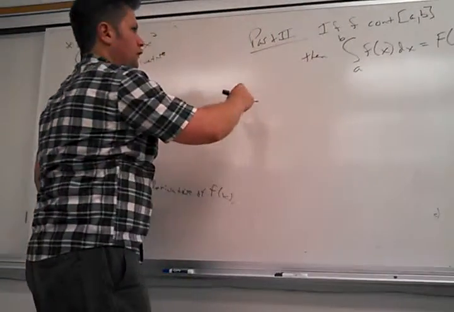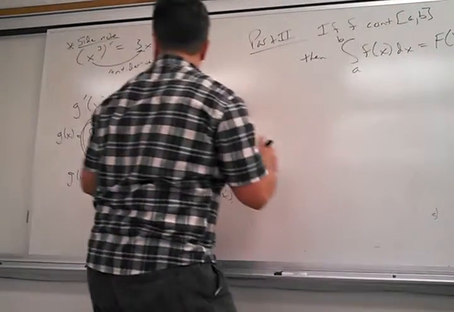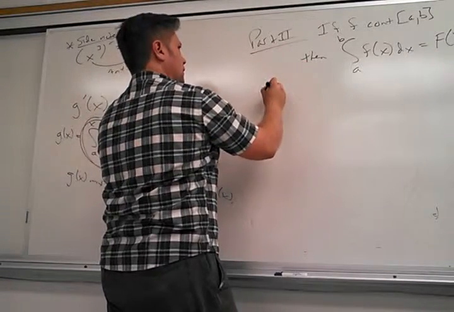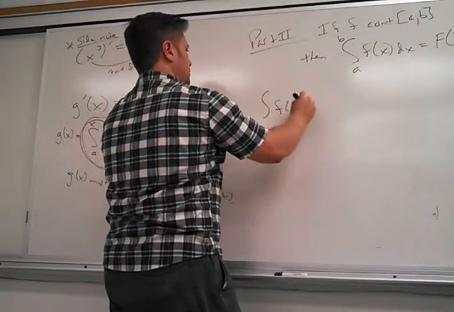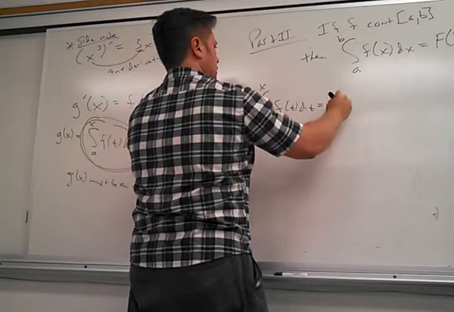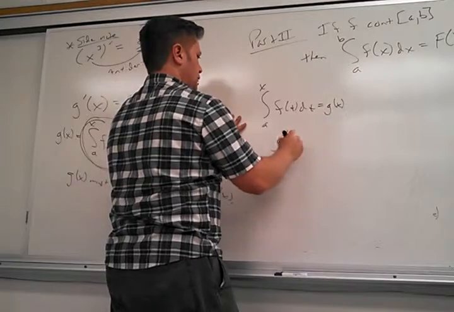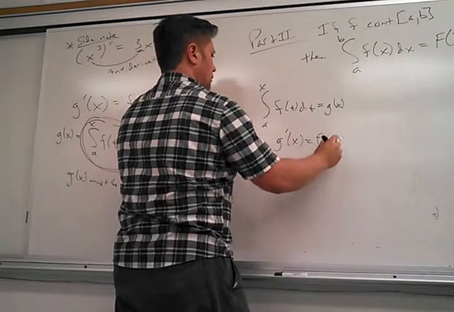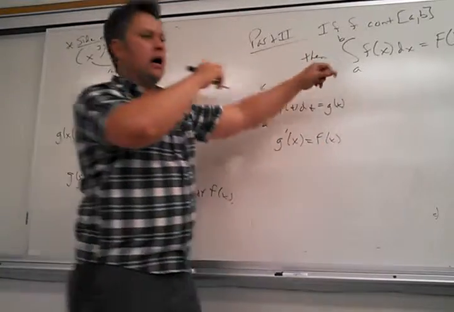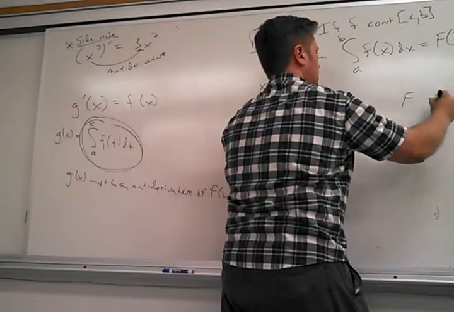So a really quick proof of this. We know from this that the integral of f of t dt equals g of x. We know that g prime of x equals f of x. So we know that g itself is an antiderivative of f. So how do big F and g relate?